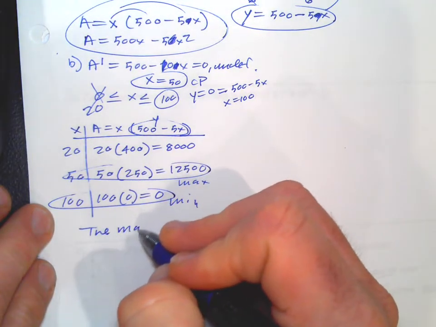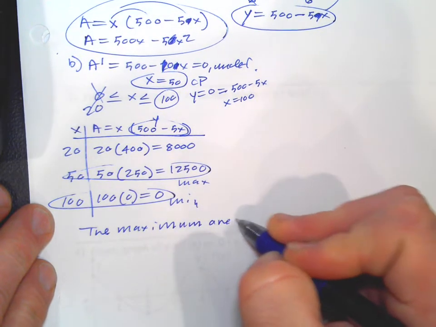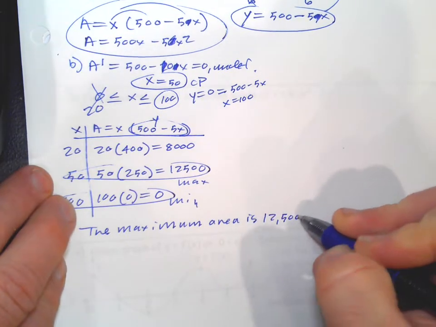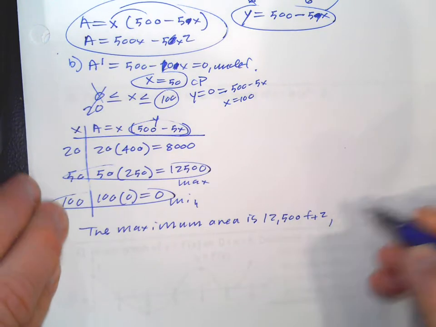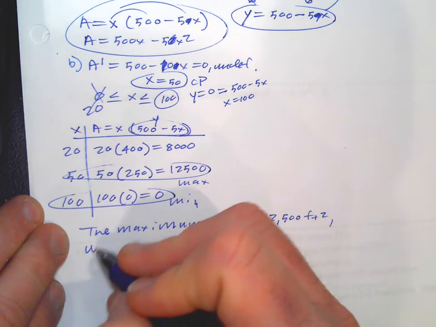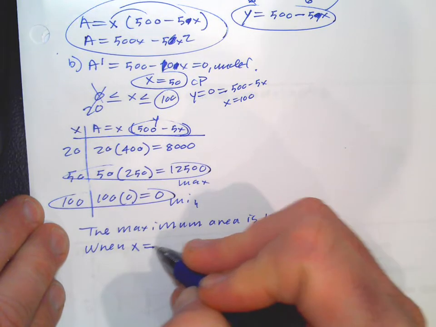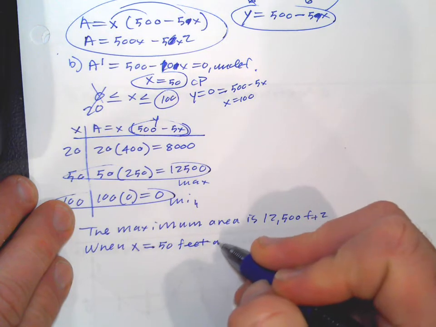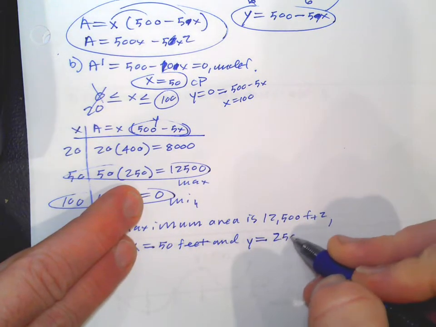The maximum area is 12,500 feet squared. You got to give me the right units. And we can just go with the variables this time because they were labeled in the picture. When x equals 50 feet and y equals 250 feet, that's the y value right there.